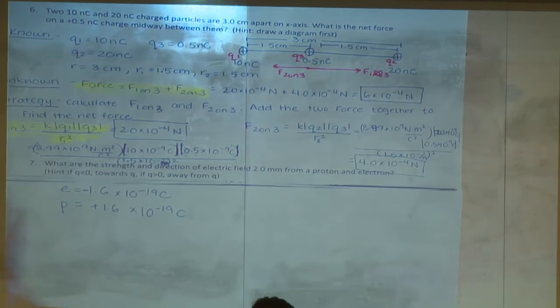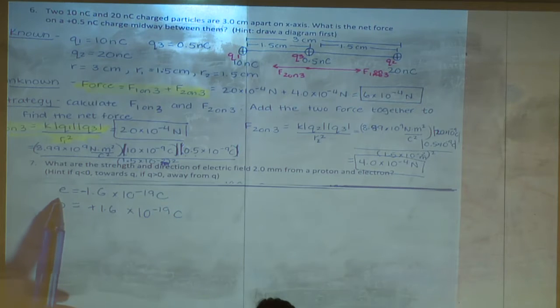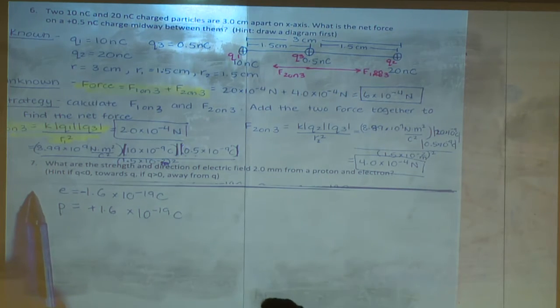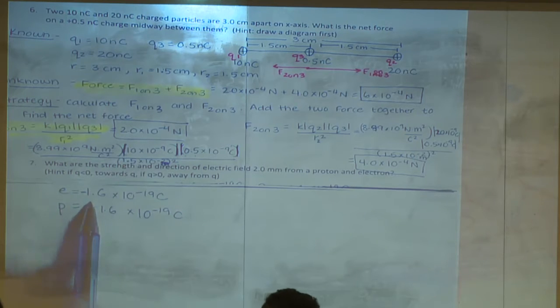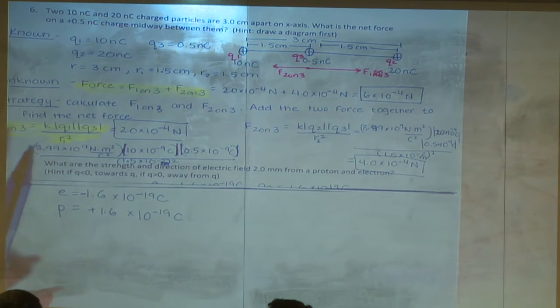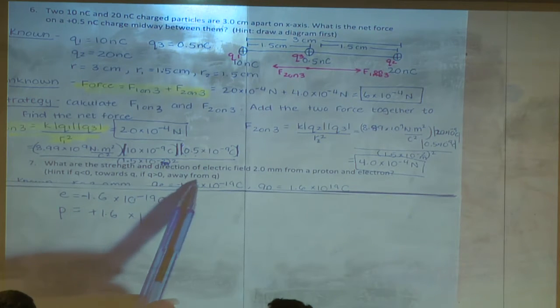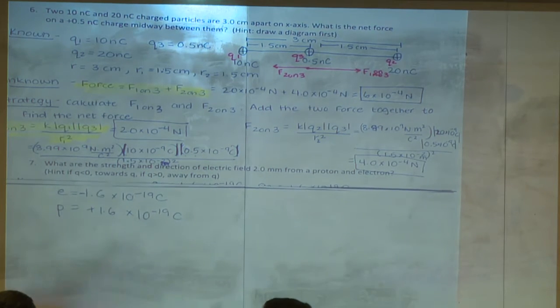So, because my charge is less than 0, my electric field for the electron would be coming towards the electron. So the direction would be towards the electron. And then for the proton, since it's greater than 0, so it's 1.6, definitely greater than 0, that means that the proton's electric field is moving away from the proton.